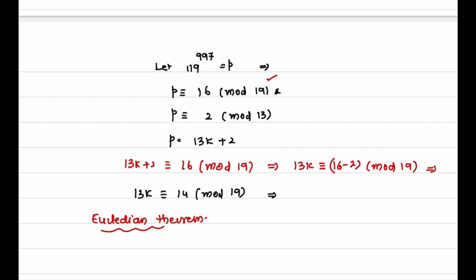By applying that, for k value of 4, not 3, p is equal to 13 into 4 plus 2, that is 54. How we have got this 4? Please refer to my previous lectures.